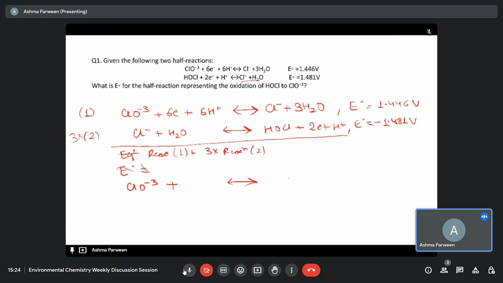The 6 electrons will also be cancelled out, and it will be 3 HOCl and 3H plus, and 6H plus minus 3 will be 3H plus. So this is the final equation. Let's see, is it balanced or not? No, it's not balanced.